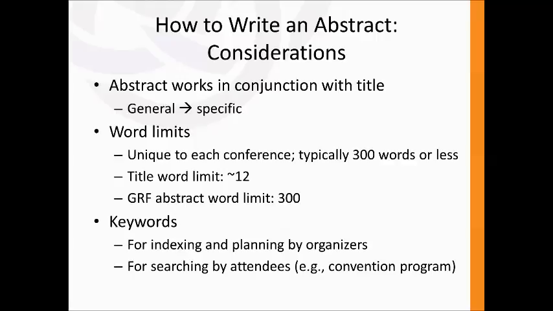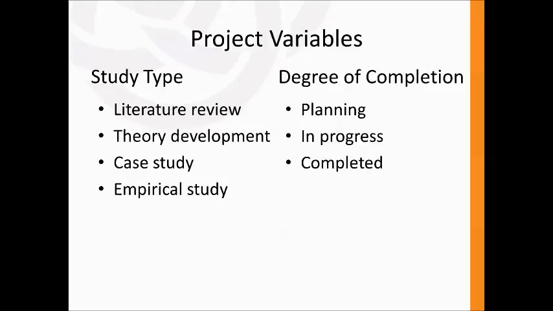Okay, so with that, the next topic that I want to talk about is the type of study and the degree of completion. These are the variables that can help you organize how to go about putting your abstract together. Depending on which combination of these you have, you will use different tenses, for example, past tense, future tense.